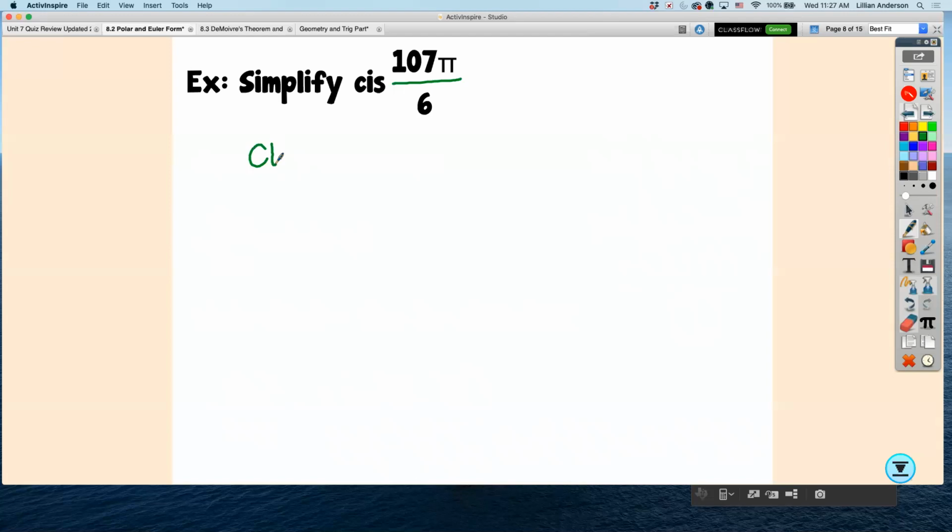So this can basically be pi over 6 plus what? What would k be? How could I rewrite this? How does 107 pi over 6 take the form of a sum of two angles?